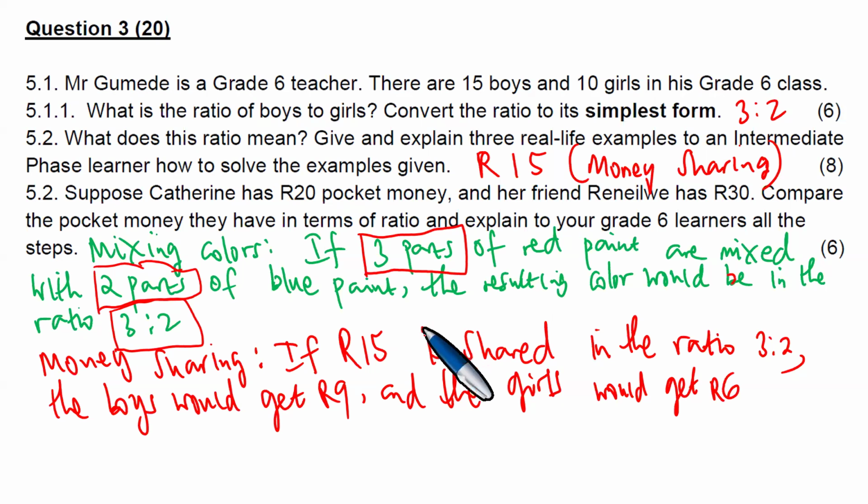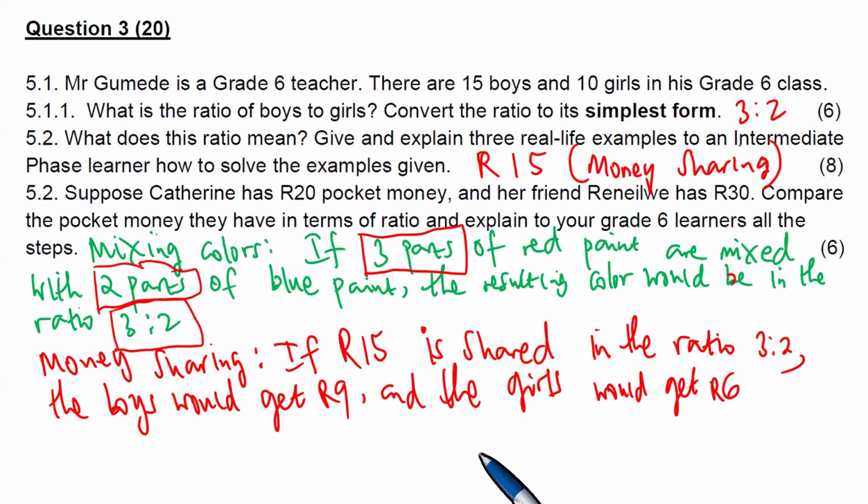The question then becomes, how do we share this 15 rand in the ratio 3:2? Because you have the boys and the girls. They together have 15 rand. But how do they share 15 rand so that the money is in the ratio 3:2, the boys to the girls?